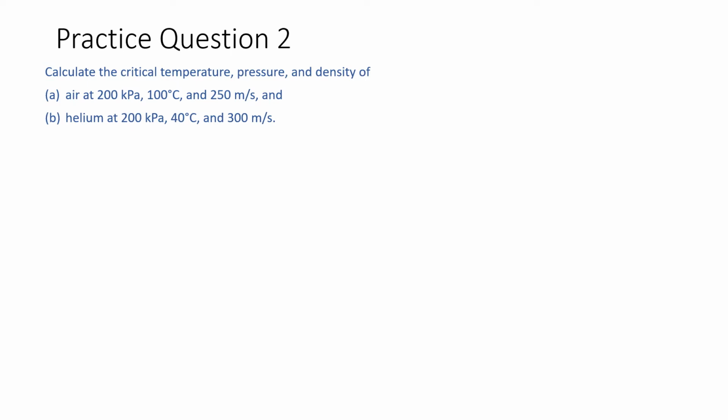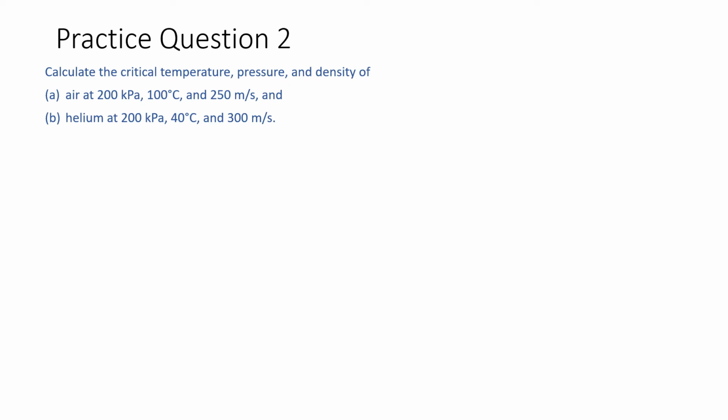This is question 2. I'm going to let you try this question yourself. There are two parts to it, similar, but for different types of gases. First is air, at certain state and properties. The second is helium, but the approach is the same. So you can try this.